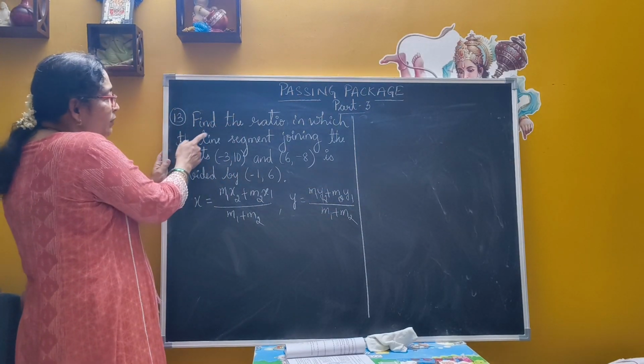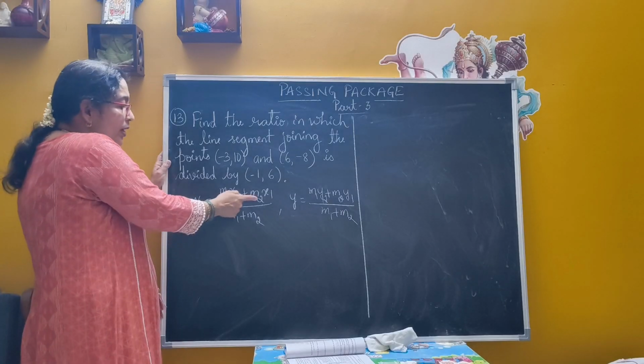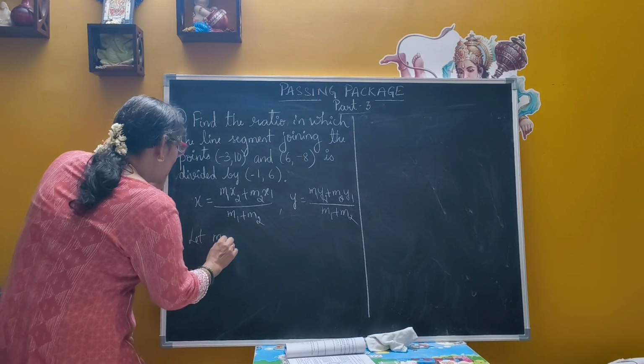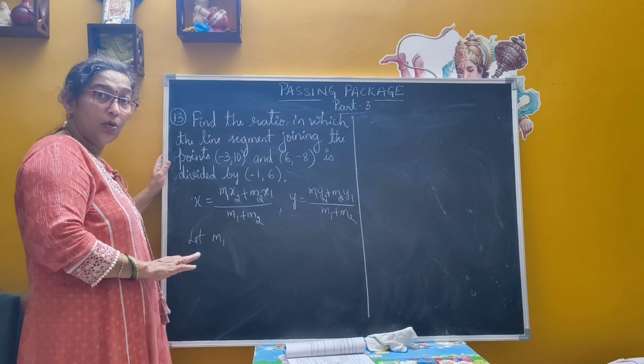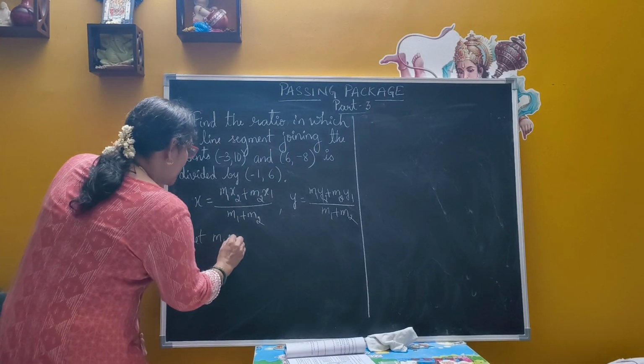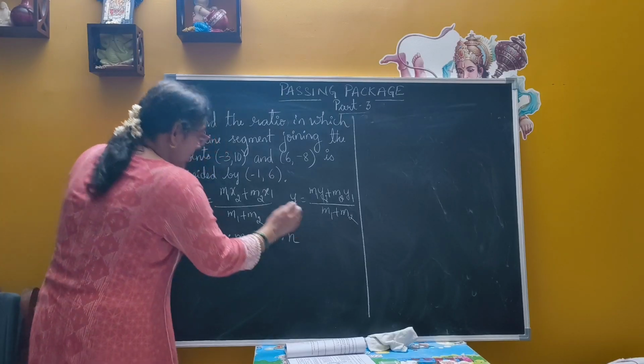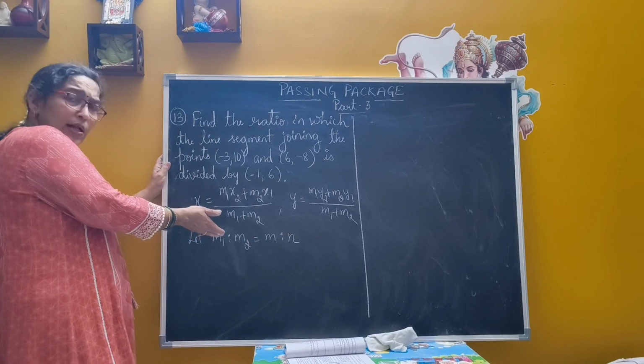What is asked to find? We have to find the ratio, so we need to find the values of m1 and m2. Let us consider m1 is equal to m and m2 is equal to n, so m1 is to m2 is equal to m is to n. You can also take m1 and m2.